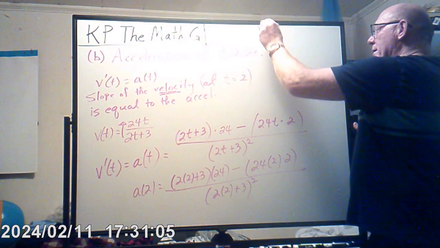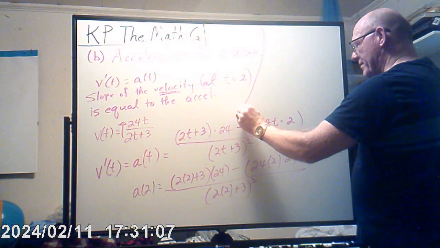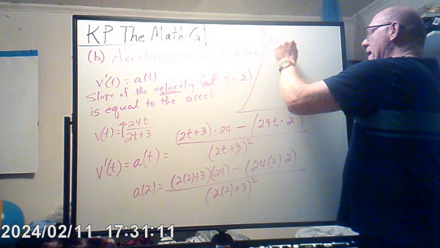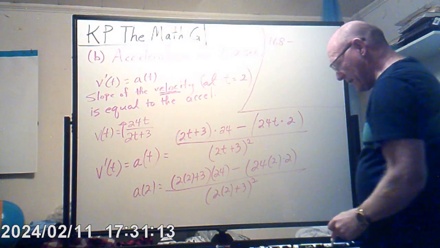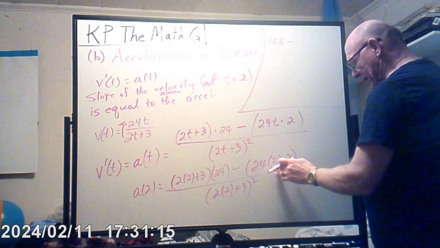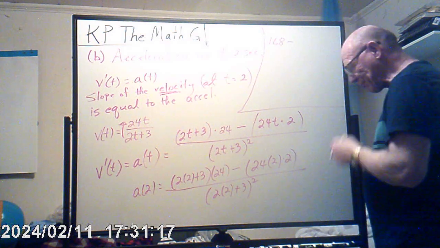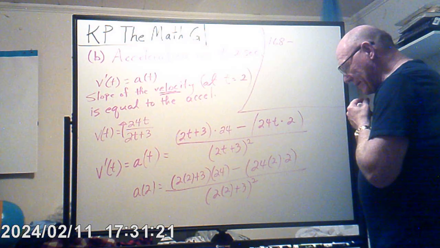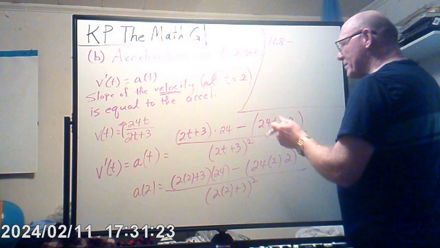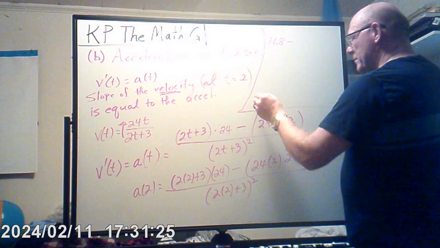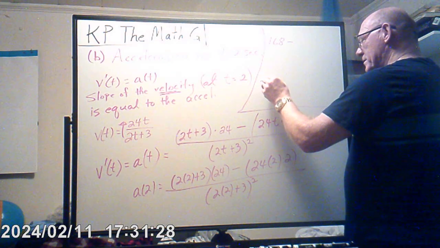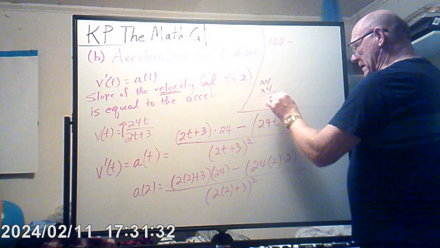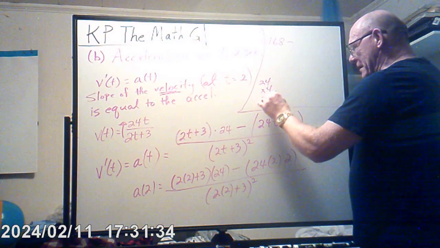Put it up here. So we got 168 minus 24 times 2 times 2, 24 times 4, isn't it? 4 4s is 16, 2 4s is 8, and 1 is 9.